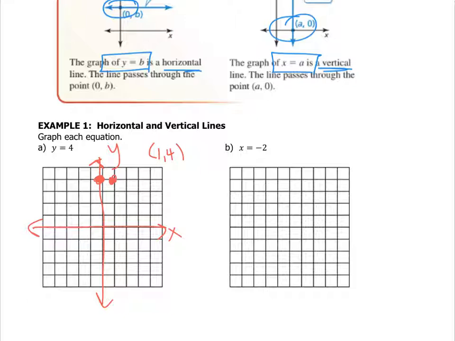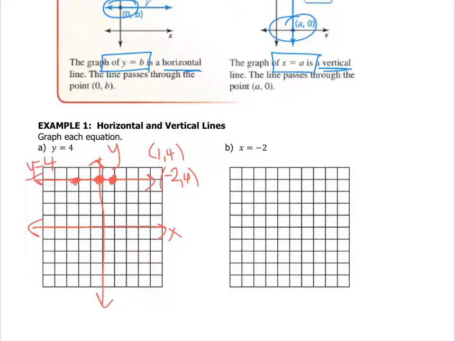Give me another value that has a y value of 4. Another point I came up with is the point -2, 4. And so you see what's happening is it's creating this nice horizontal line, and we're going to write the equation on the line. And what's happening is that it's going through the y-axis at 4 and it's horizontal.